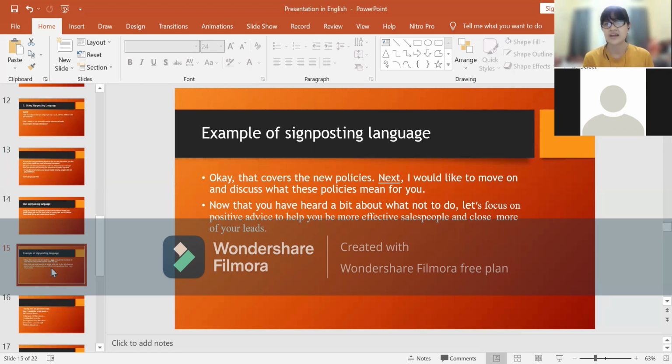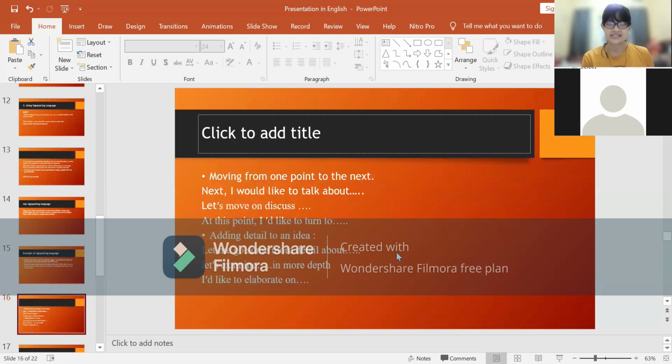This is signposting language as well, like a transition. It prevents our presentation from being flat, so it can be more alive if you use this.